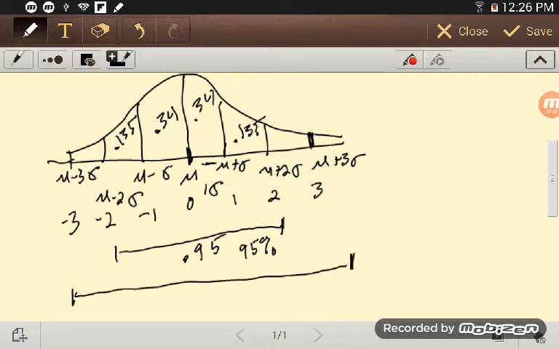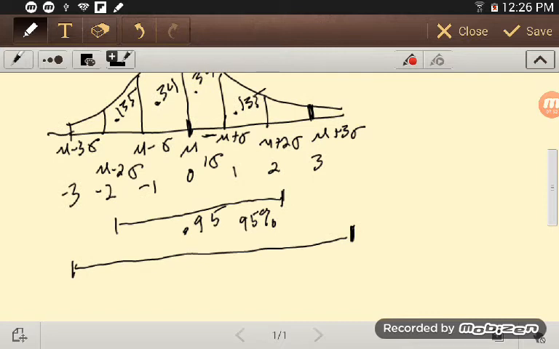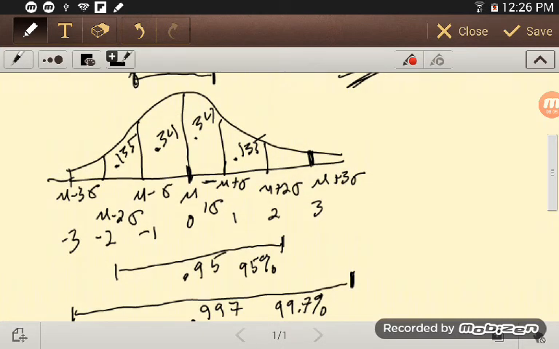And then if we go out 3 standard deviations, that will be 99.7% of all the population, plus or minus 3 standard deviations.